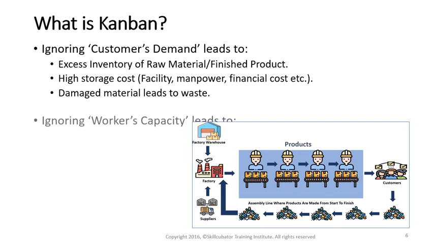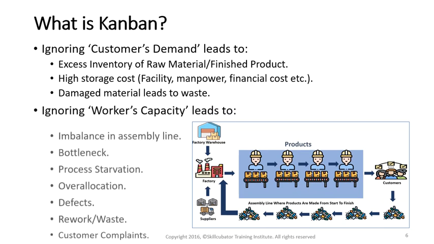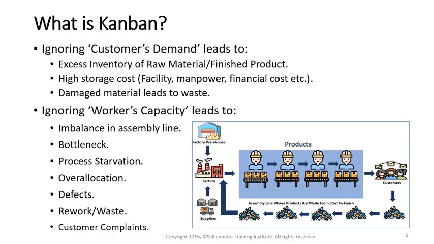Now let's see what happens when we ignore the worker's capacity. First of all, it leads to imbalance in the assembly line. So when you keep pushing work, somewhere down the process, it will create that imbalance. First of all, bottleneck. Things get choked at some point. Process starvation. All the subsequent workstations will not have enough work or no work at all.